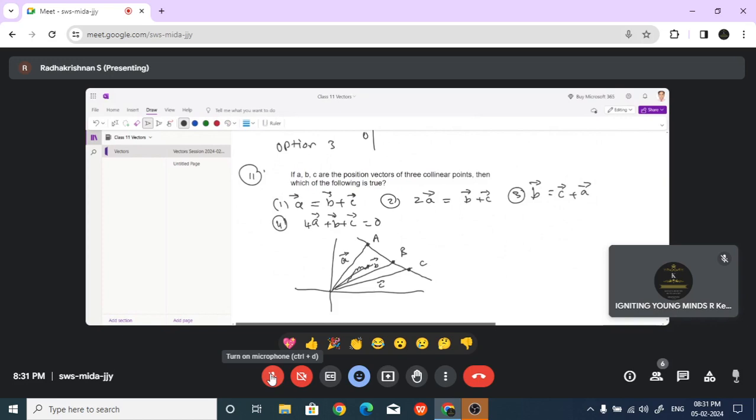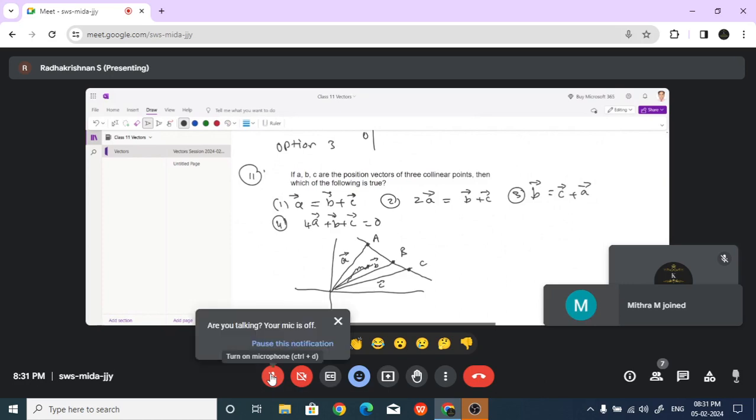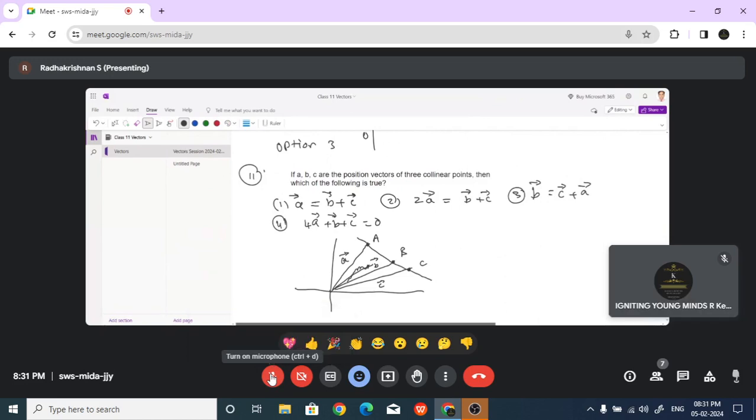Then is A equal to B plus C, 2A equal to B plus C, B equal to C plus A, which of the 4 options seems to be true? Similar to the previous problem.